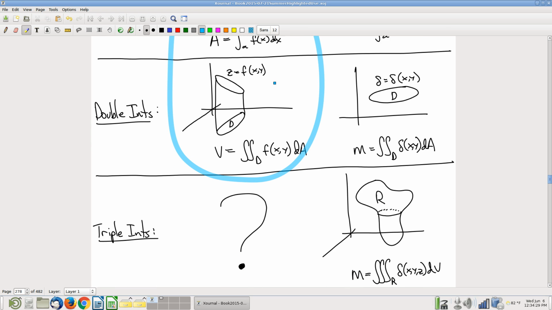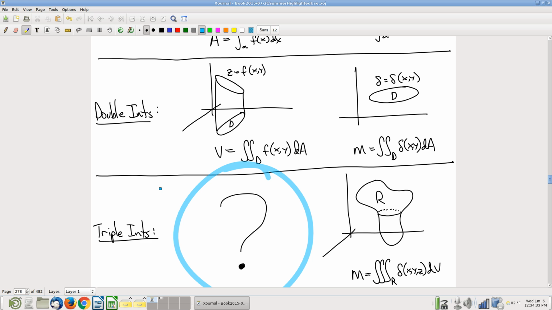I guess it would have to be a four-dimensional volume under a three-dimensional hypersurface inside of R4. That would be the graph of a function of three variables. We can't draw the picture. We can't visualize what that looks like. It's not a good way to think about a triple integral.